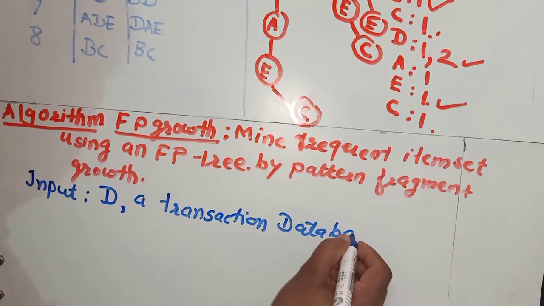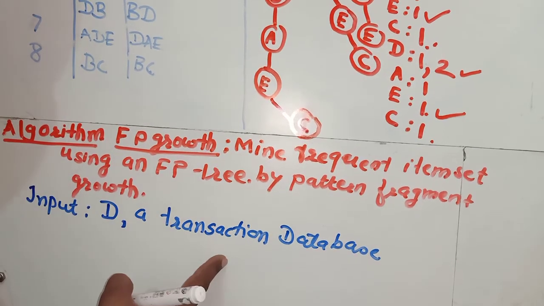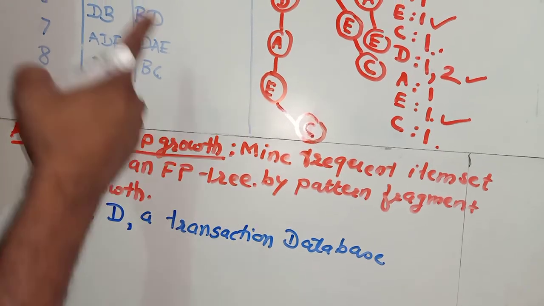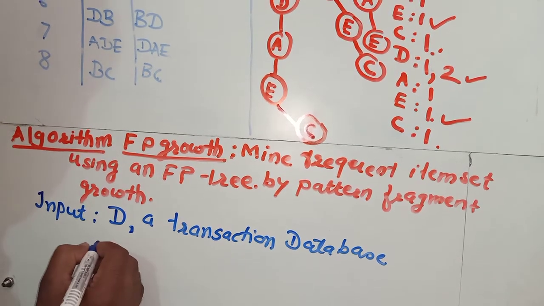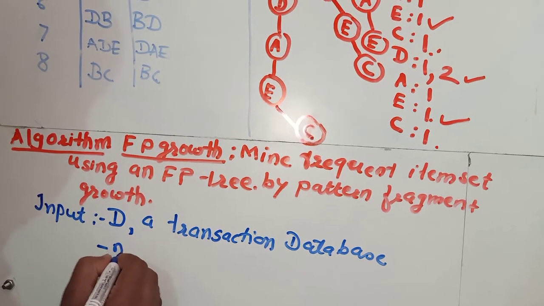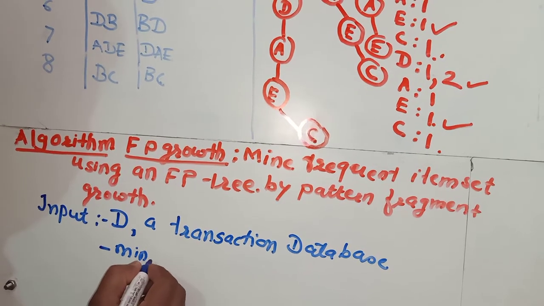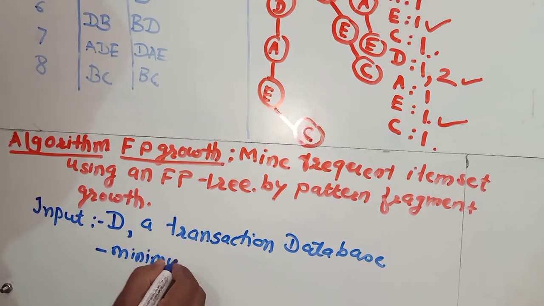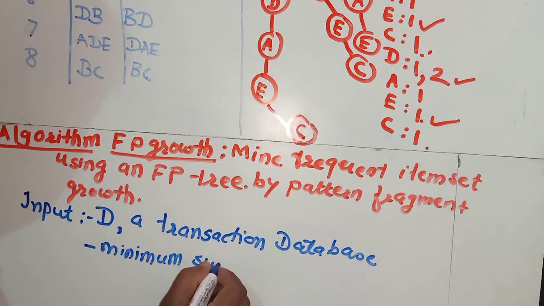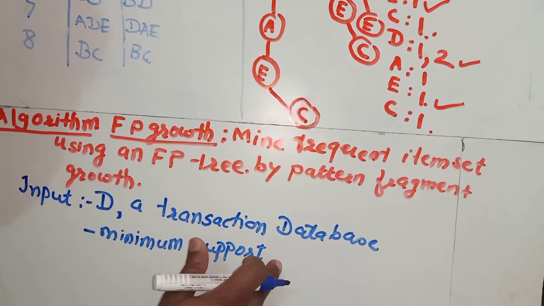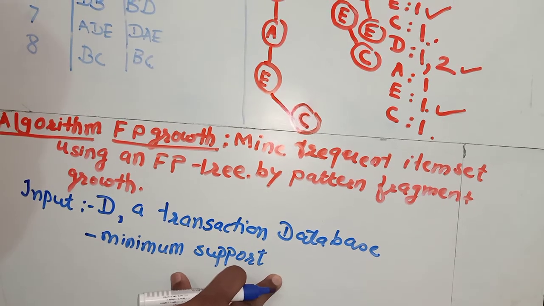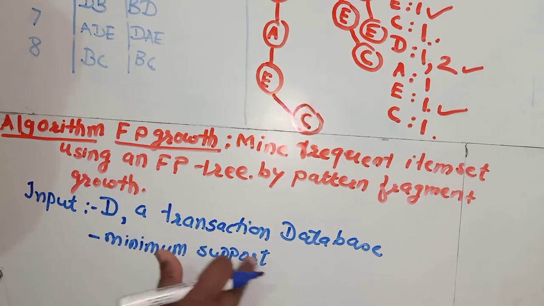In our case, we have taken D as the transaction database which contains 8 records, right? And another thing that we need is the minimum support. So these are the only two things we need to find the frequent pattern growth from the data set.